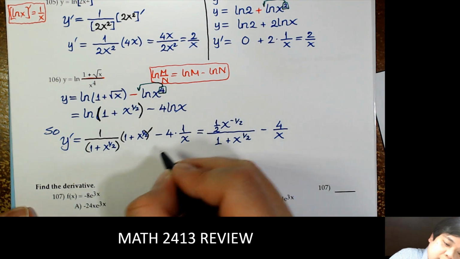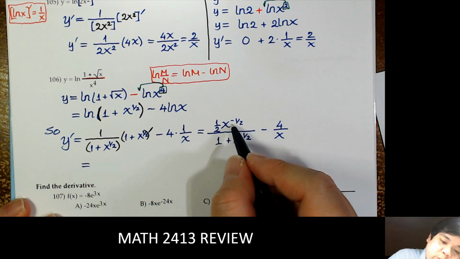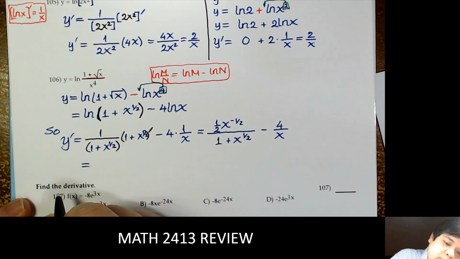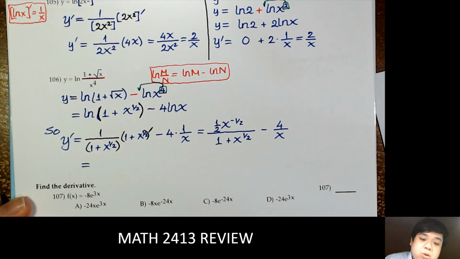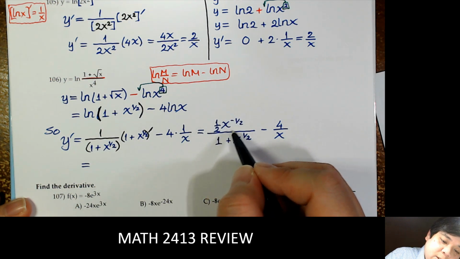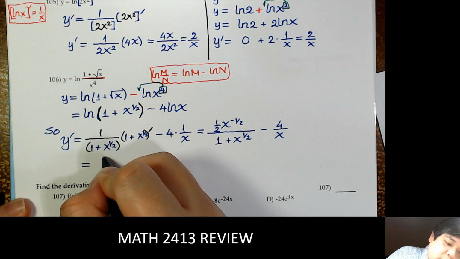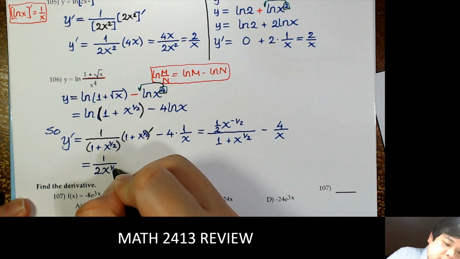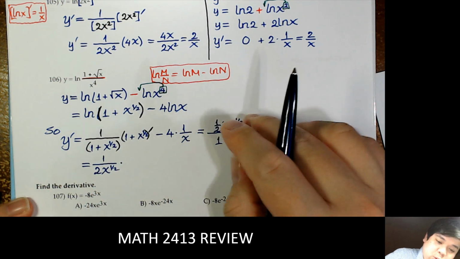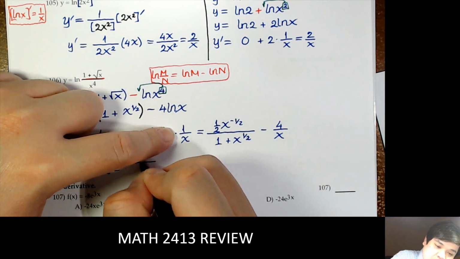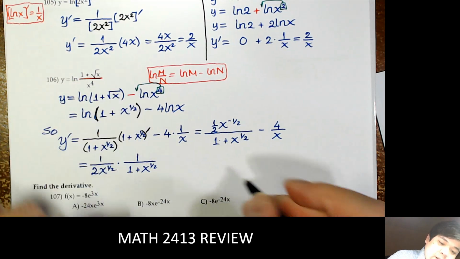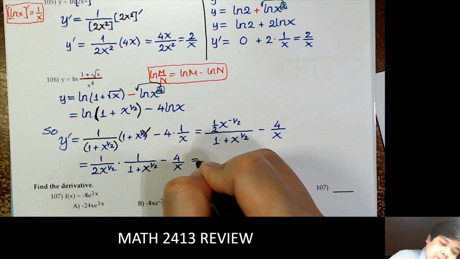And then we will rewrite this. First, x to the negative 1/2 moves to the bottom. Let's do this first. On the top, we have 1 over 2 x to the 1/2. And we take the top on the outside, and we still have 1 over 1 plus x to the 1/2, and then minus 4 over x.